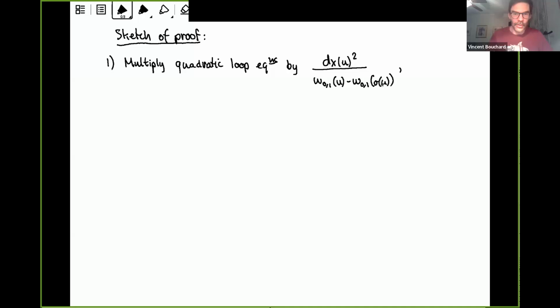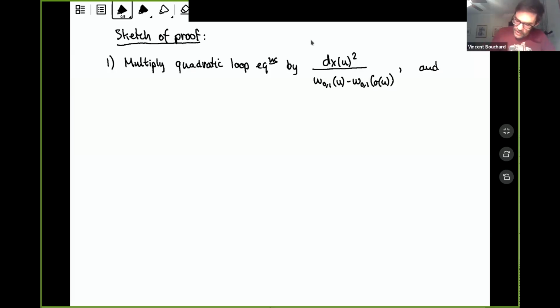But you know, you've played with these equations quite a bit. You multiply by this, and then, if you remember topological recursion, the dx_u squared here is just to cancel the dx_u squared in the denominator, and this is exactly what appears in the recursion kernel. So that's kind of what you want to get.